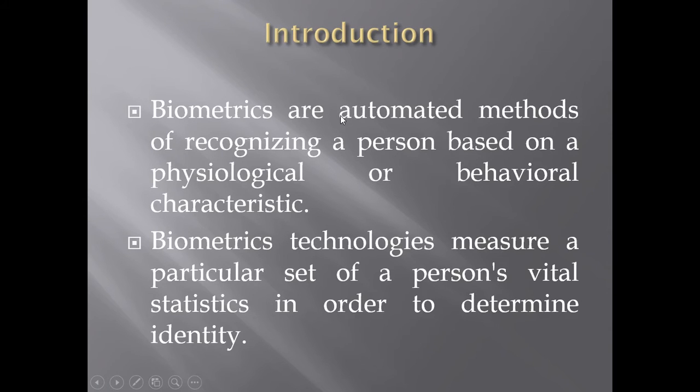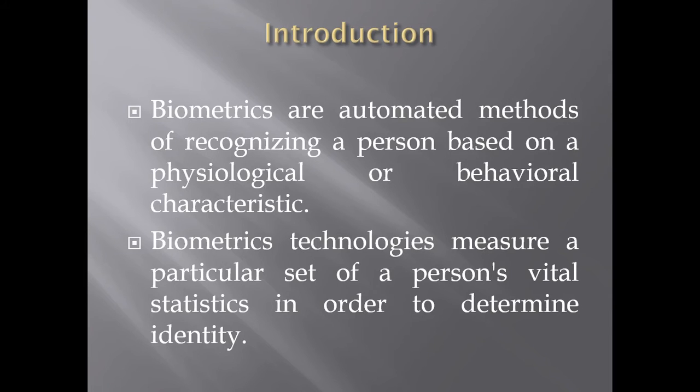Biometrics are actually automated methods for recognizing a person, based on some physiological or behavioral characteristic. Now, if you search somebody or you frisk someone, then that may seem to be uneasy and derogatory sometimes.